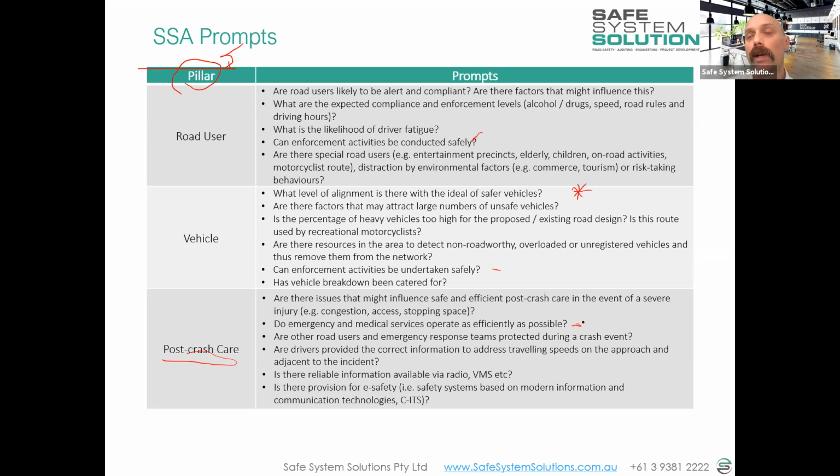So that's one way you're starting to think now, okay, crashes happen, severe injury, how quickly can we get these people to, how quickly can medical attention get here? You know, where's the nearest hospital? How do they get these things? So there's been some different ones where they've built helicopter landing pads in the mountains of New Zealand for injured motorcyclists as a result of these broad safe system assessments that were happening a while back as part of a coordinated strategy and effort.